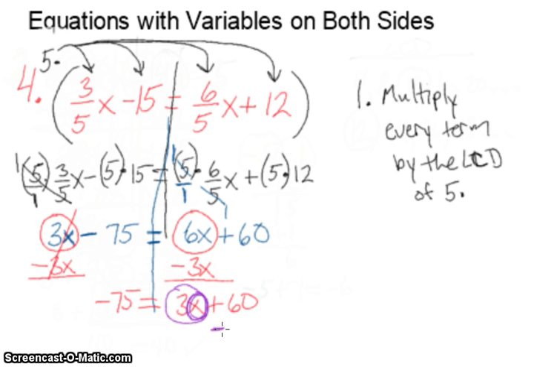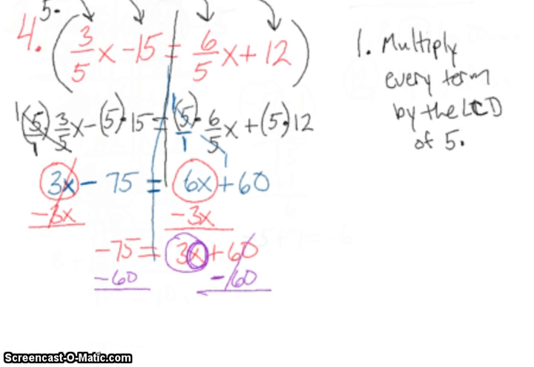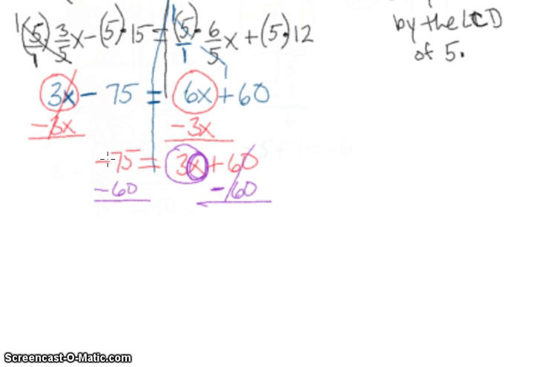So I'm going to subtract 60 right here. But whatever I do to one side, I do to the other side. And once again, I have a negative 75 minus 60, so they're both negative. So I end up adding the two negatives and becoming negative 135 equals 3x.